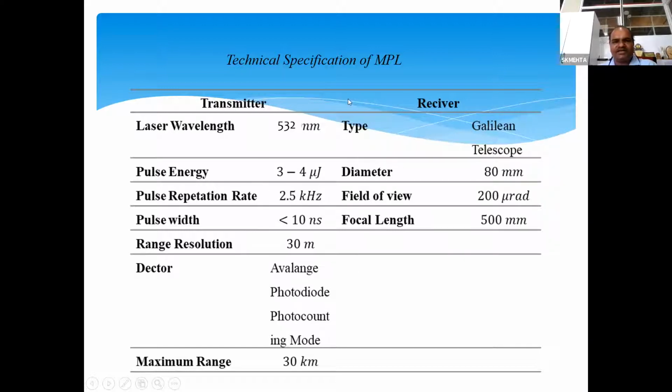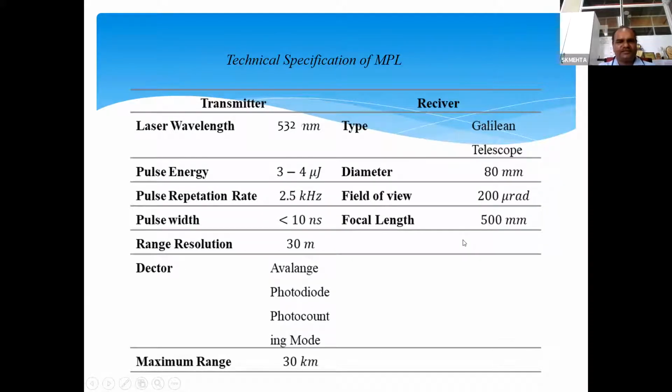You have had several talks by many experts about lidar, so I may not go into much detail, but I mention the technical specification of the system. The MPL receiver uses a Galilean telescope with a diameter of 80 millimeter and a field of view of 200 microrad.